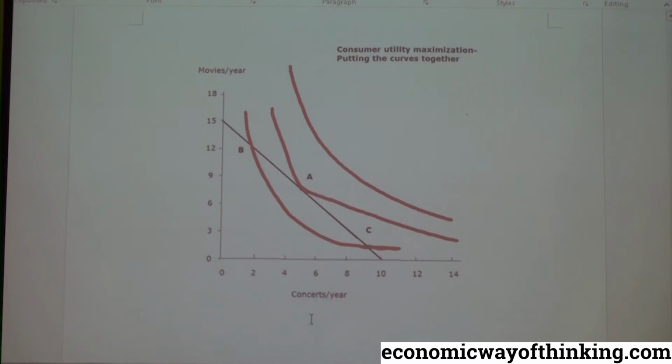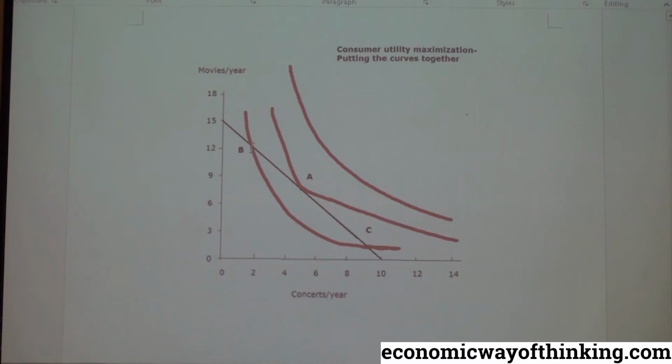So let's first of all look at that picture. That picture combines the budget line. As you remember, along the budget line are bundles that you could afford. And over here, we have a series of indifference curves.